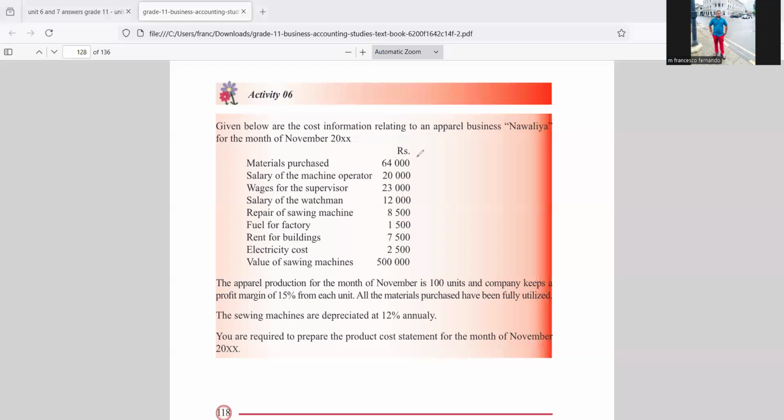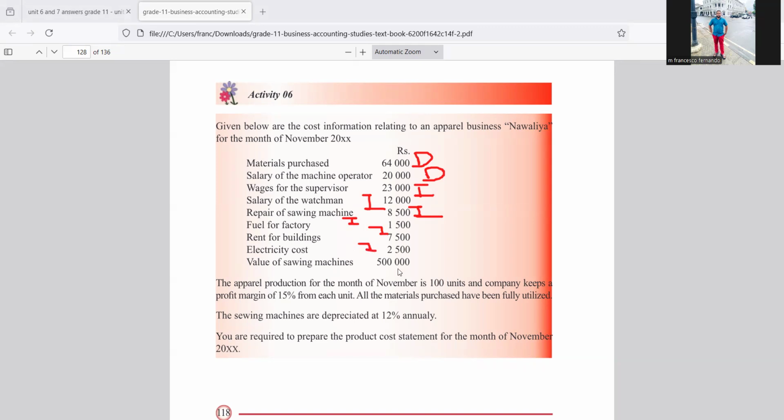So it's better to firstly identify whether each item is direct or indirect. So material purchase is direct, salary of machine operator is direct, wages for supervisor is indirect, salary of watchman is indirect, repair of sewing machine is indirect, fuel is indirect, rent is indirect, and electricity also is indirect.